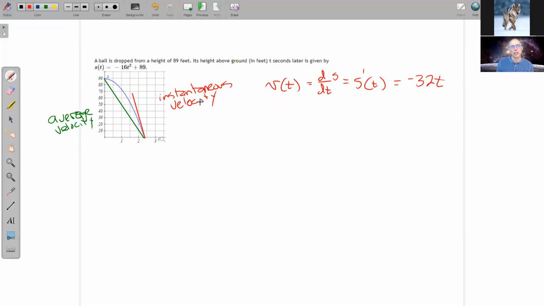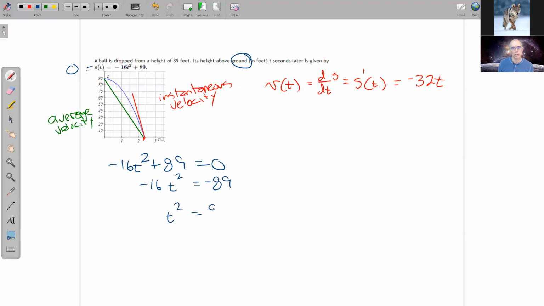So then the instantaneous velocity when it hits the ground, ooh, we don't know what time it hits the ground. We better find that. So when does it hit the ground? Well, that would be position is 0, ground. So if we take our negative 16t squared plus 89, set it equal to 0 and solve, subtract that 89 over, divide by negative 16.